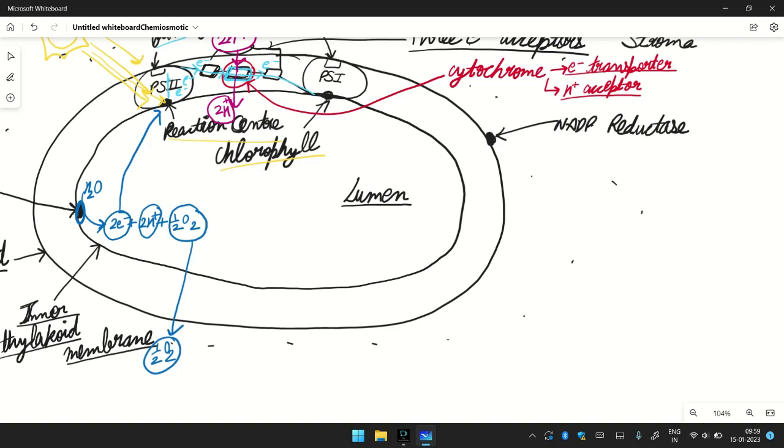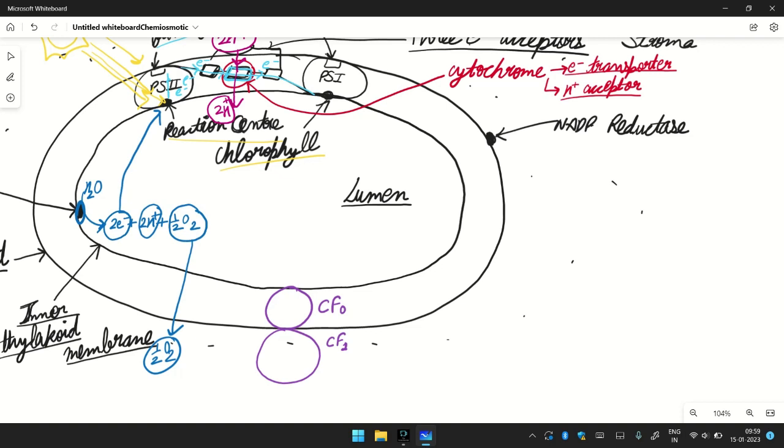Now there are our two particles. One is our CF0 and the other one is our CF1 particle. These particles are basically proteins.